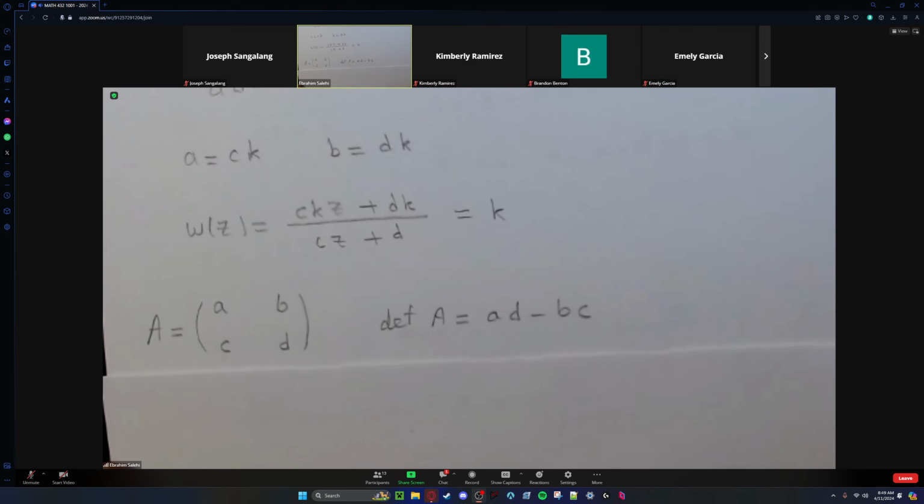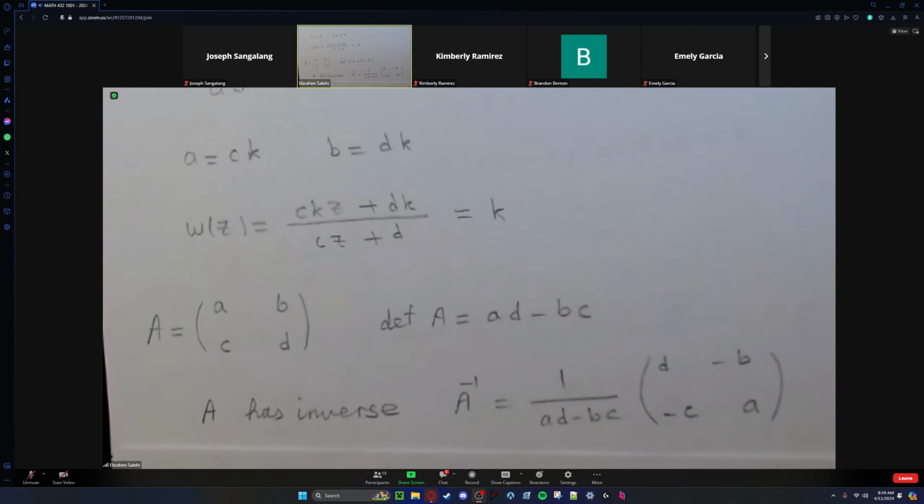When you learned about determinants in linear algebra, or even college algebra and pre-calculus, as soon as the determinant of a 2 by 2 matrix is non-zero, the matrix has an inverse. The inverse of this matrix is right here.